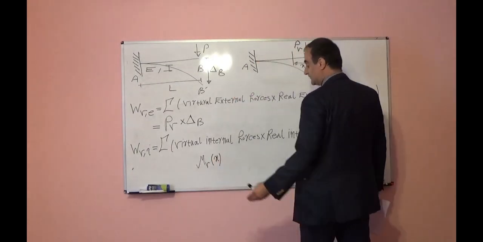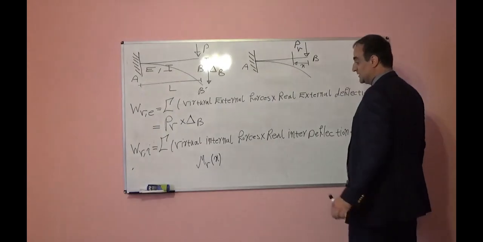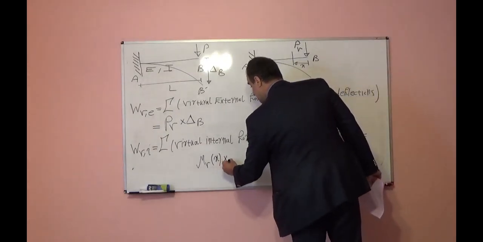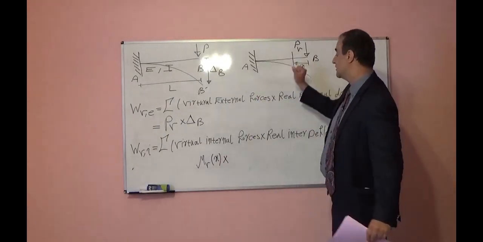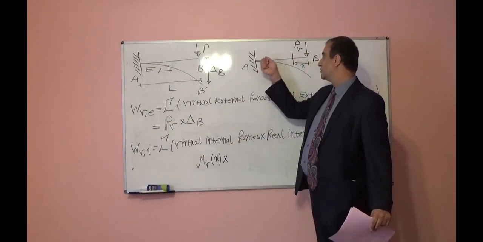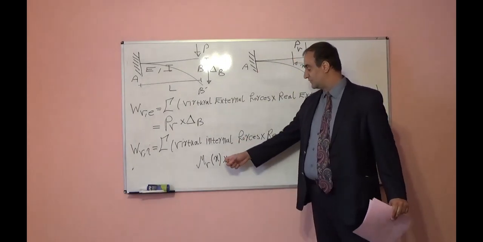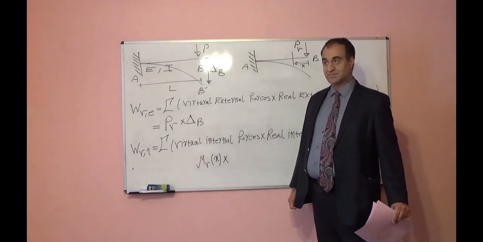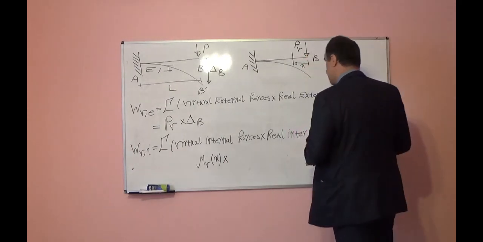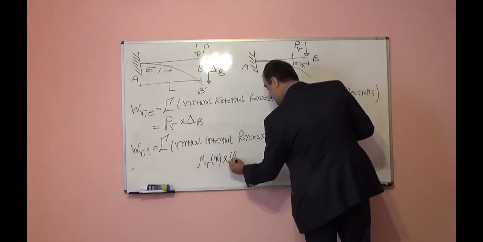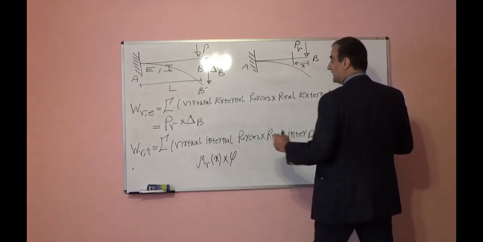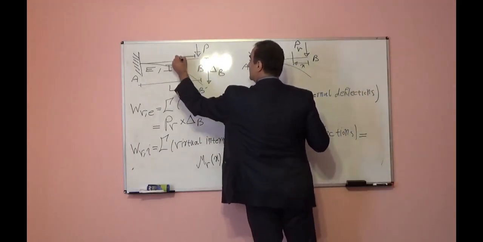That will be our virtual internal forces times, if we apply moment to one beam, that moment will produce curvature. The curvature will be a function of x again from the free end.